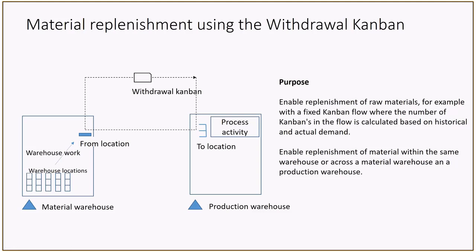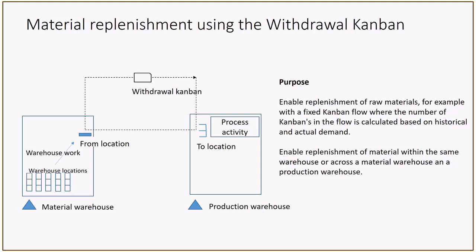Customers who use separate warehouses for raw materials and for production can use the withdrawal Kanban to seamlessly transfer materials across warehouses. Those of you familiar with warehouse processes know that warehouse work only works within one separate warehouse. But here you can transfer between warehouses. You can also define the withdrawal Kanban to only transfer between activities on the same warehouse.